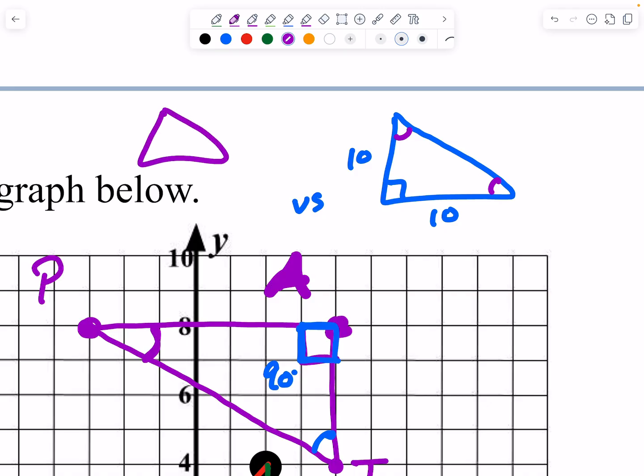You should know that all your triangles are 180 degrees on the inside. So if these are both 10, the sides, that means that this one and this one should be the same because it's an isosceles triangle. Yeah, vocab here, okay? So if one of it's 90, you subtract 90, you get 90. So if you divide by 2, each one has to be 45 degrees.